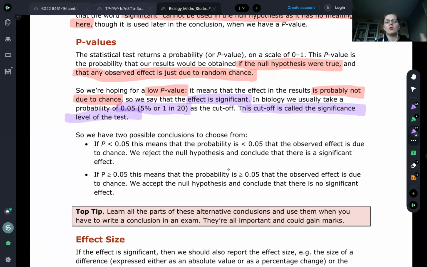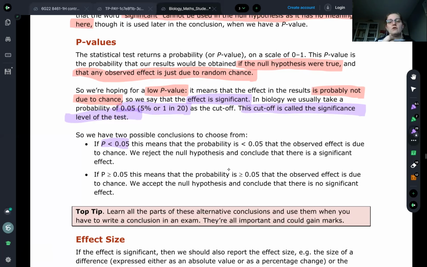So you have two possible conclusions when you do a statistical test. You're either going to have a p-value that is greater than 0.05, and this means that the probability is greater than 0.05 that the observed effect is due to chance.